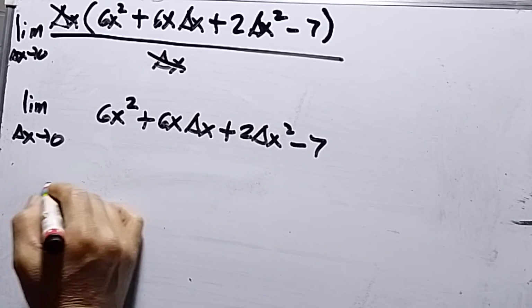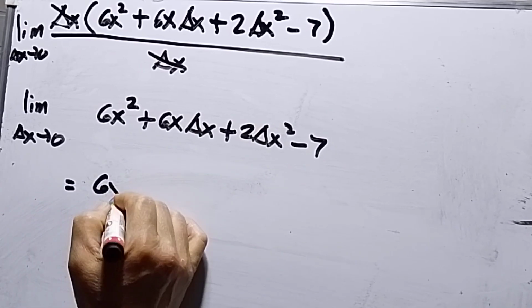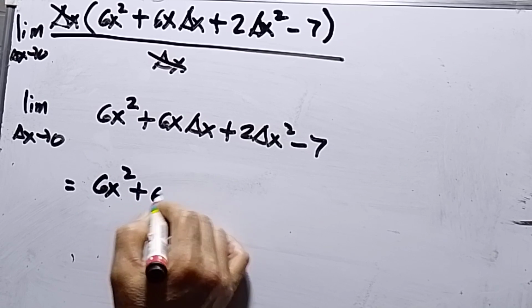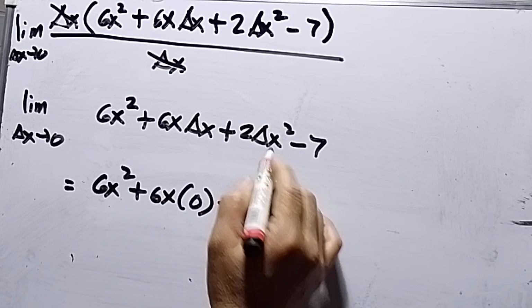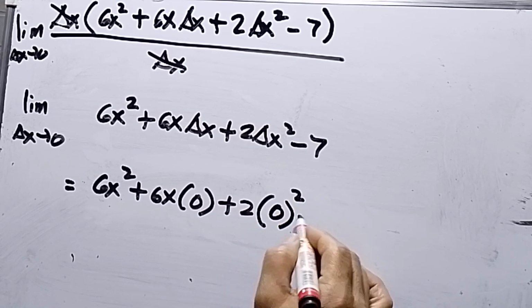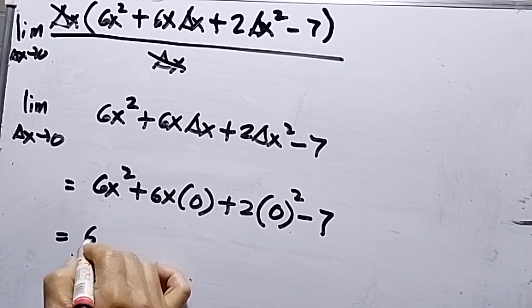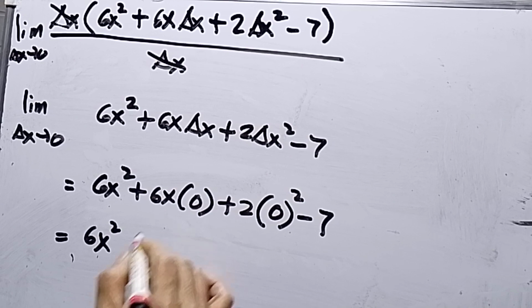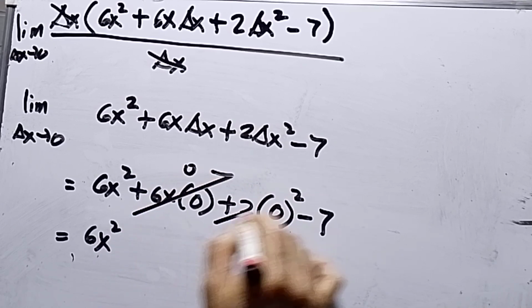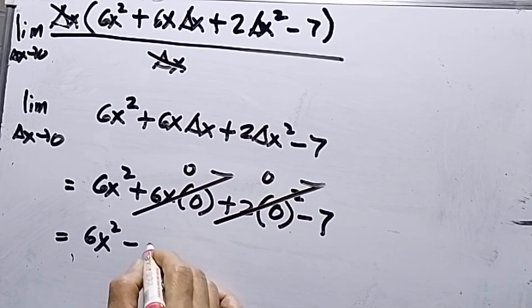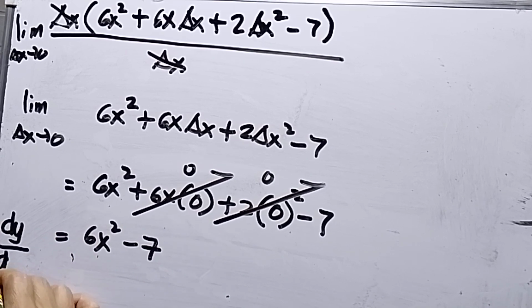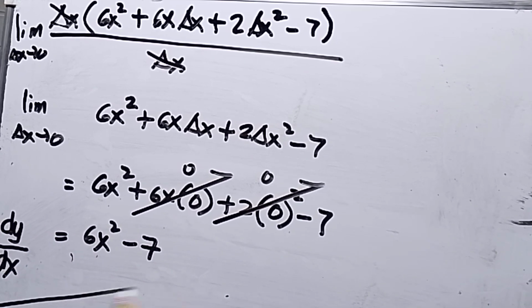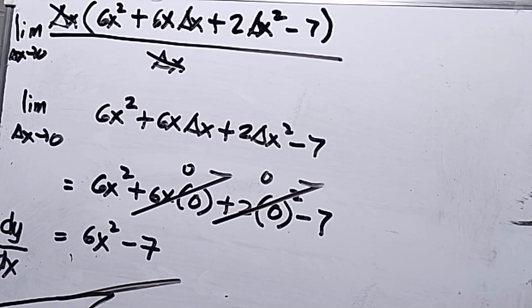So this will be 6x squared plus 6x times 0 plus 2 times 0 squared minus 7. So this will be 6x squared, this will be 0, 0. So I have here 6x squared minus 7. So this is now my first derivative: dy/dx is equal to 6x squared minus 7. That's all.